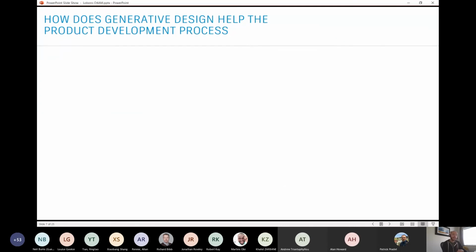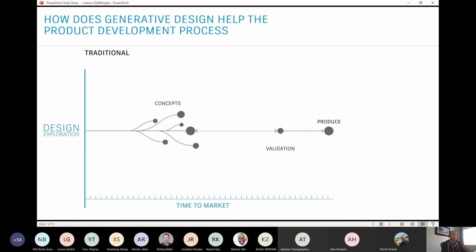Now, if we think about this in the traditional sense of designing a component for an industrial application, what tends to happen is a designer will go away, think about several design concepts, and then you have this iterative process where they will assess them based on manufacturability, based on other criteria such as cost, etc. You'll go back through this design loop where there'll be design iterations, etc. Finally, you'll have a validated design that is manufacturable and that can move on to the production stages.